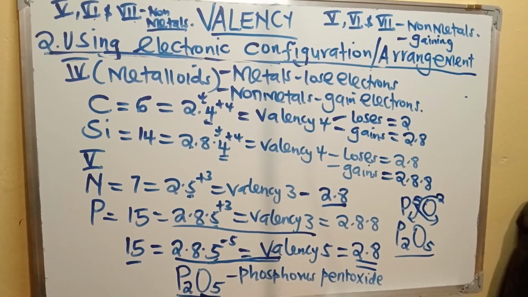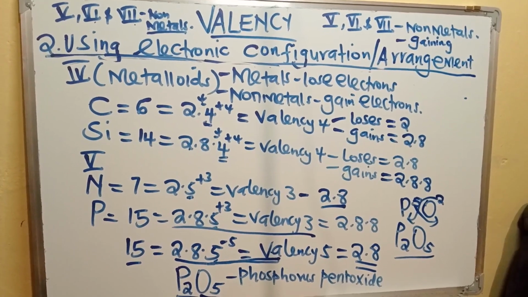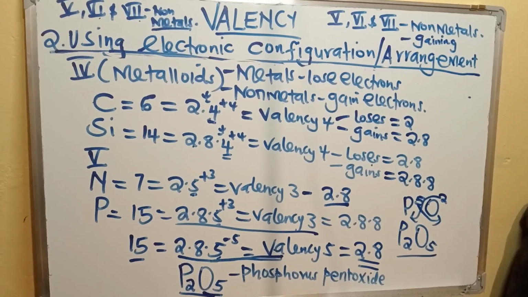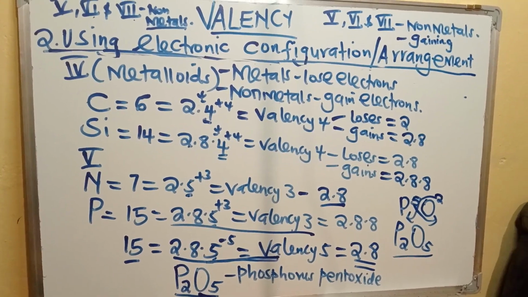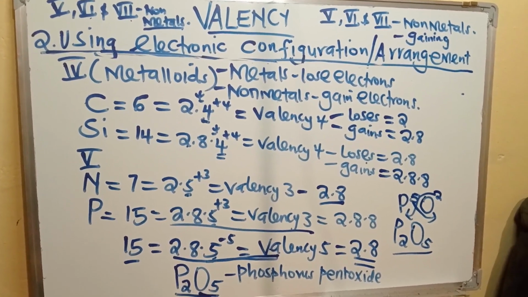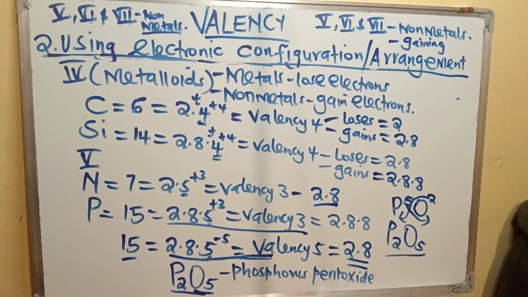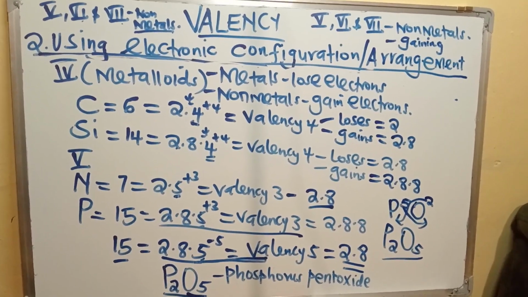The members of group 8 do not have any valency. They do not react, because whenever we talk of elements reacting or atoms reacting, they can only do so by either gaining or losing, and because group 8 neither gains nor loses, they actually do not have any valency.